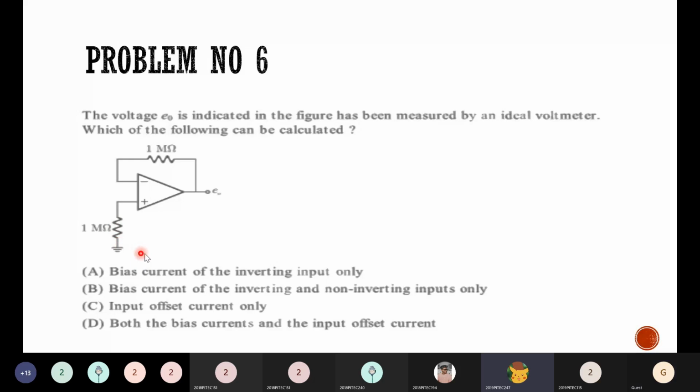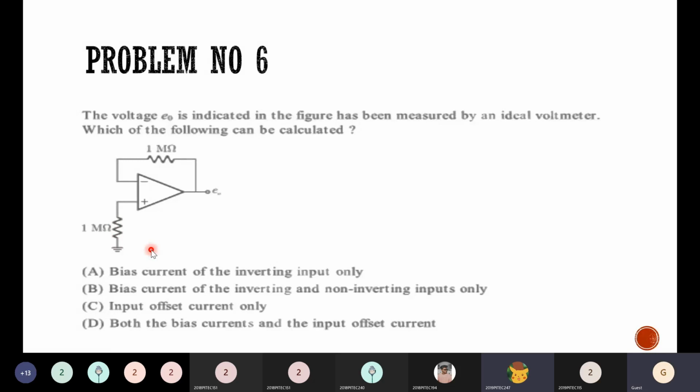Check it out. Just try to see what you can do with the circuit.